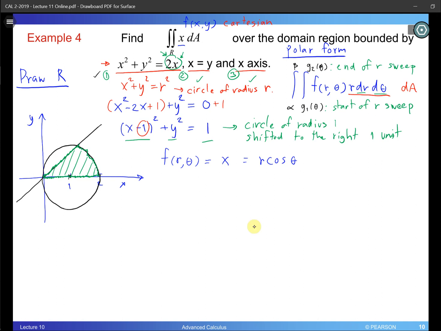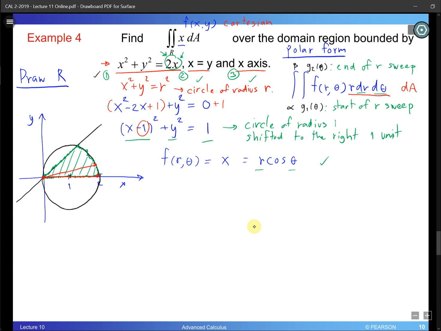So now our function is in terms of radius and theta, so good to go. Now we are supposed to find g1 theta and g2 theta. This is about how the radius is sweeping across the region. Now let's take a look at this region here. The radius is going to start from the origin and sweep to the circle.